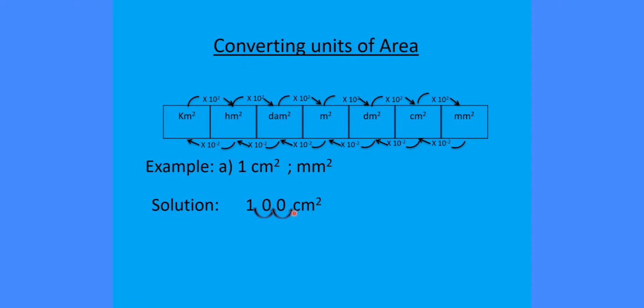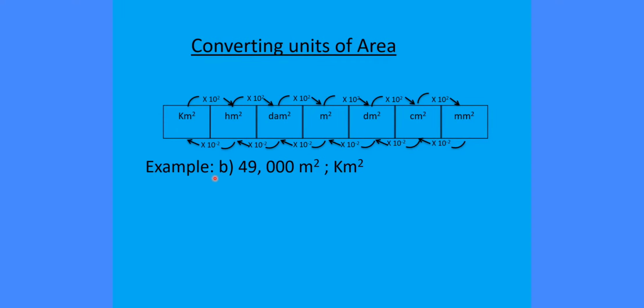The number of switches that we are going to do is one switch going to the right. That means we need to add 2 zeros only. So 1 square centimeter is equivalent to 100 square millimeters.